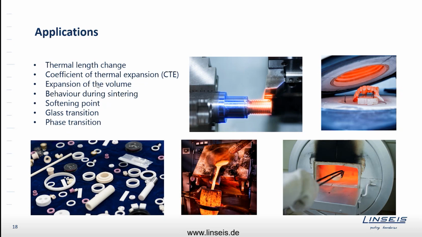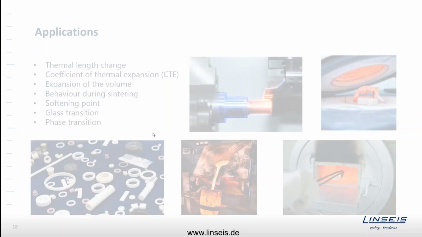We can measure the expansion by volume. If you have liquids and powders or even solid bodies, we can measure volumetric expansion. We can do sintering studies, which is one of our main fields. And some other applications would be detection of softening, melting points, glass transitions, or phase transitions during or without mechanical force, during forging process, during ceramic manufacturing, and also during additive manufacturing and stuff like that.